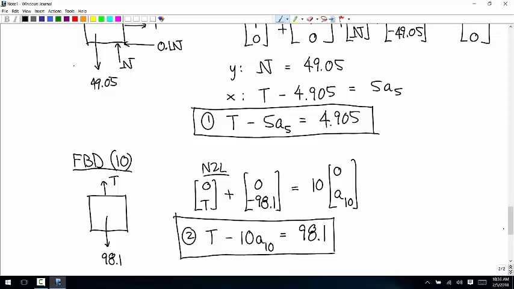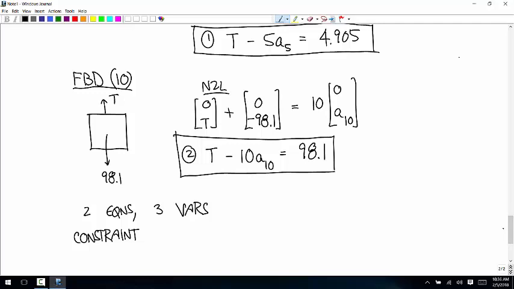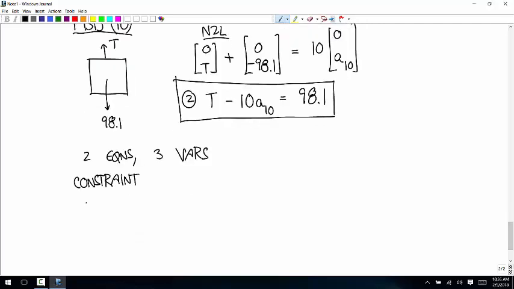Down. And so a5 is equal to negative a10. And our third equation says a5 plus a10 is equal to 0.